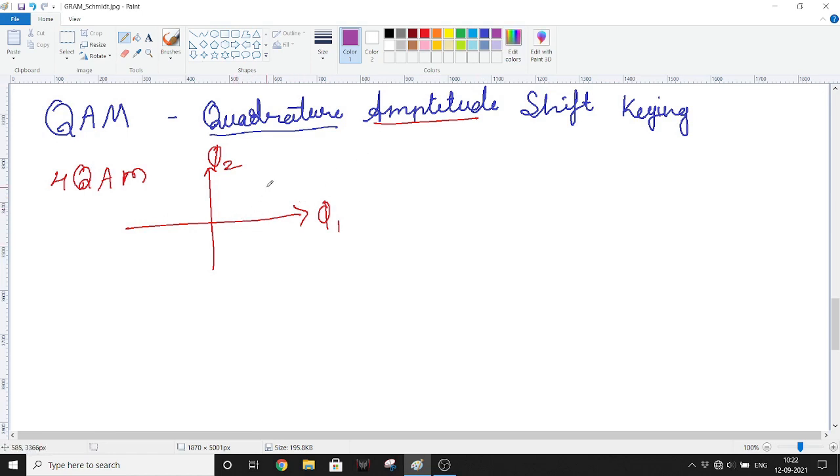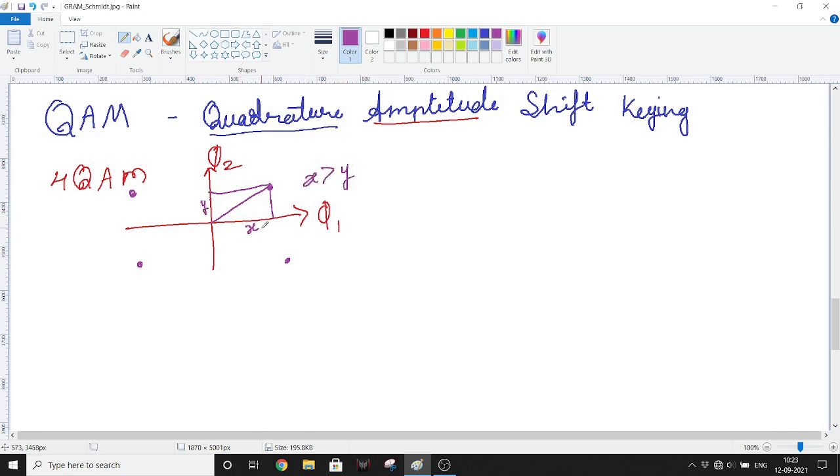So I can have something of this kind, where you can observe it is at a length higher than my y-axis. My x is greater than my y.